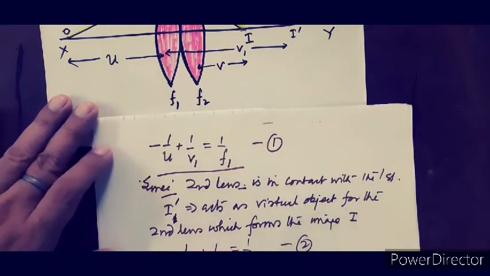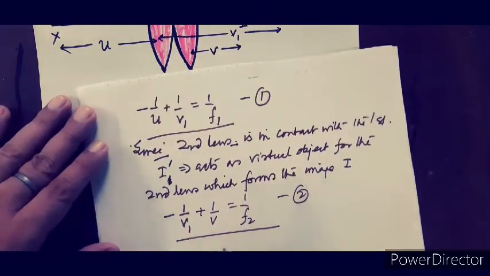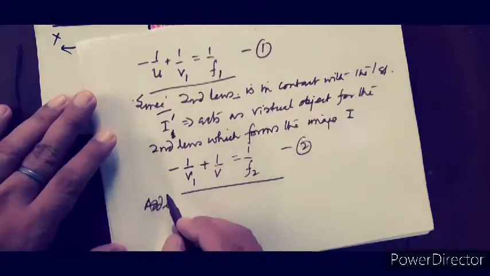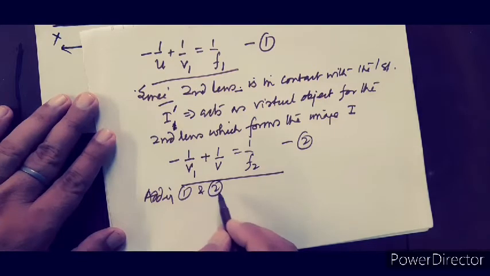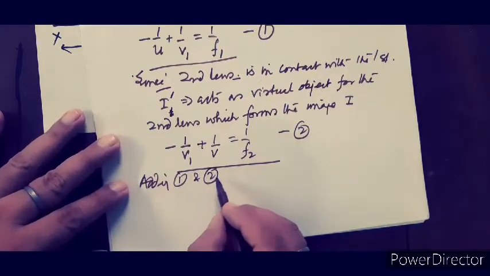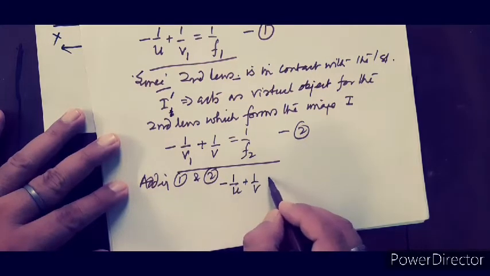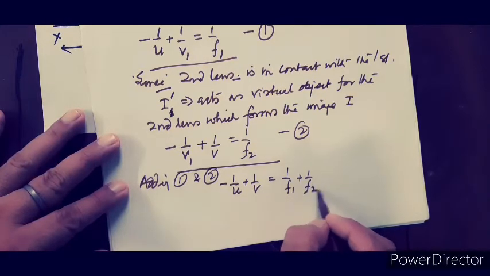Here also, with the help of sign convention, I am using it. It's a very simple adding of 1 and 2. What will we get? Minus 1 by U plus 1 by V is equal to 1 by F1 plus 1 by F2.